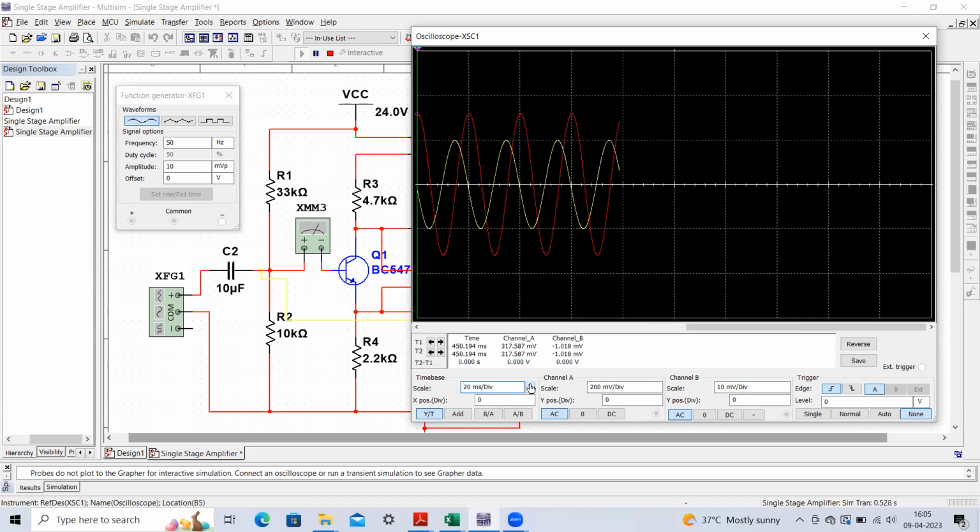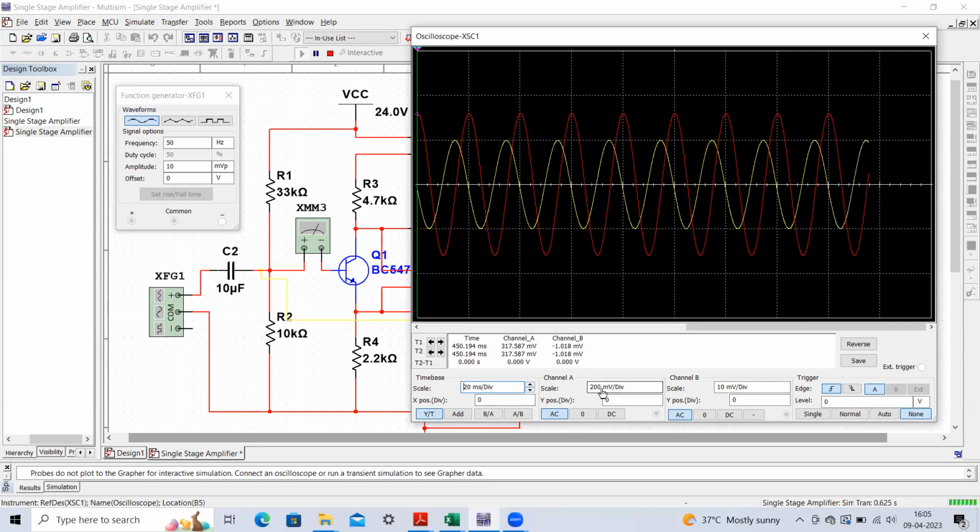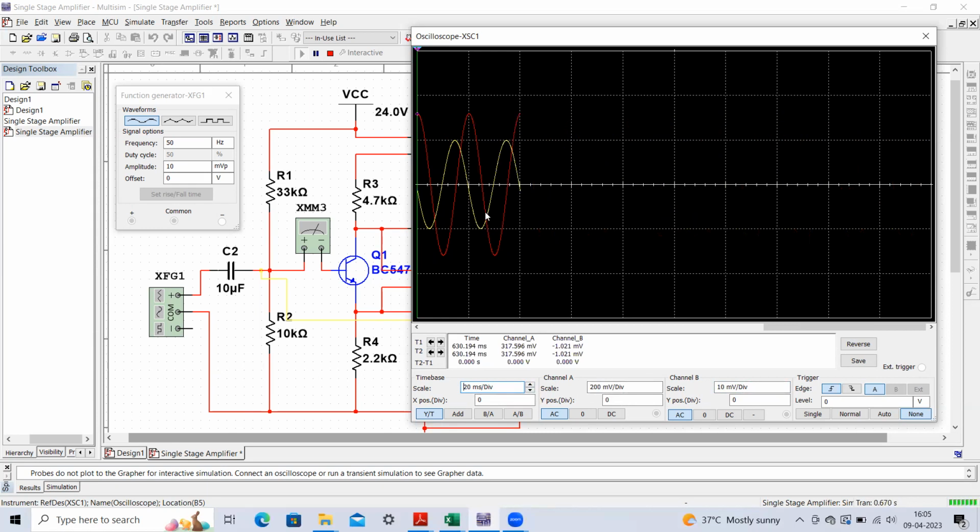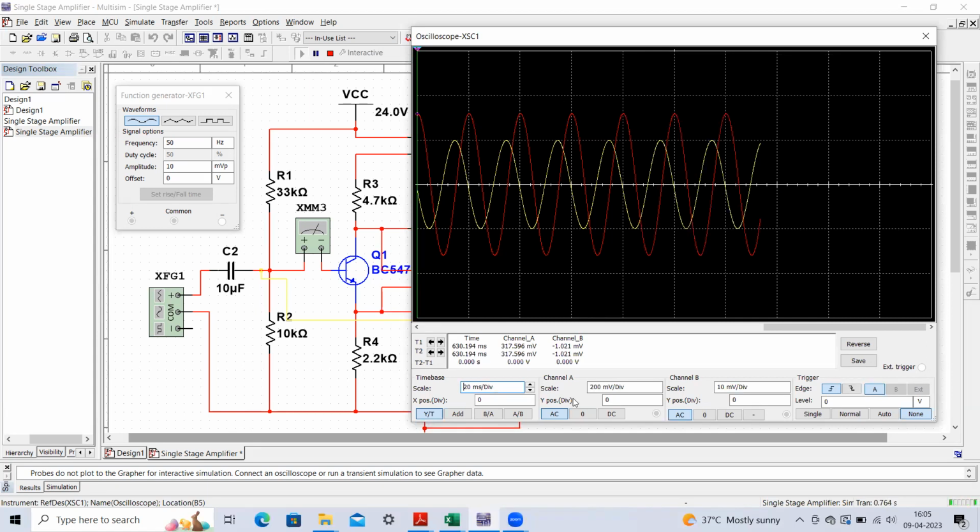Similarly, you can observe that this red one is our output, and its peak to peak you have to measure based on this particular voltage sensitivity. Every time you have to set the voltage sensitivity, then count how many voltage divisions are covered by the red waveform, and accordingly do your measurement.